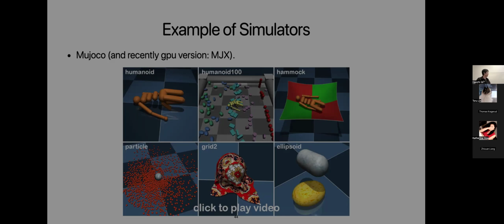But MuJoCo can indeed simulate deformable objects and objects with different materials or elasticities. That's a pretty accurate simulator.